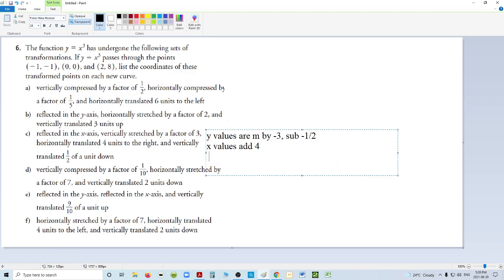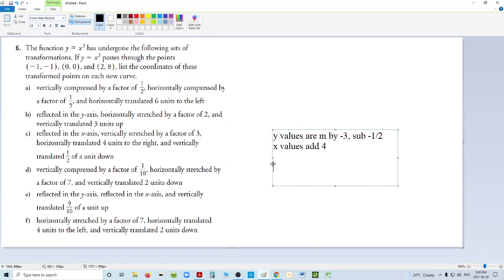So then you take all those values. -1, -1 becomes add 4 to it, 3, and multiplied by -3 becomes +3, and subtract a half becomes 2.5. 0, 0 becomes 4, and then multiplied by -3, 0, subtract a half, -1/2.